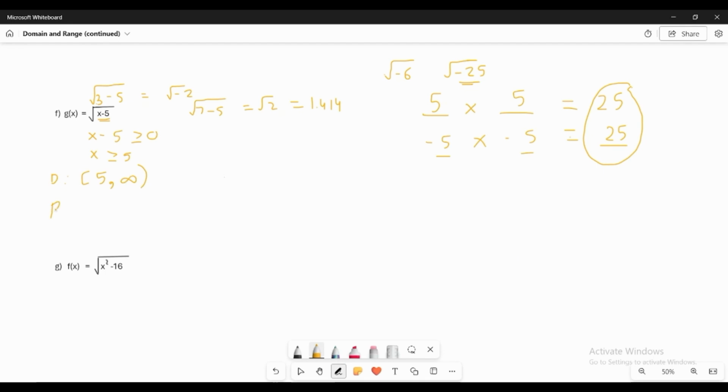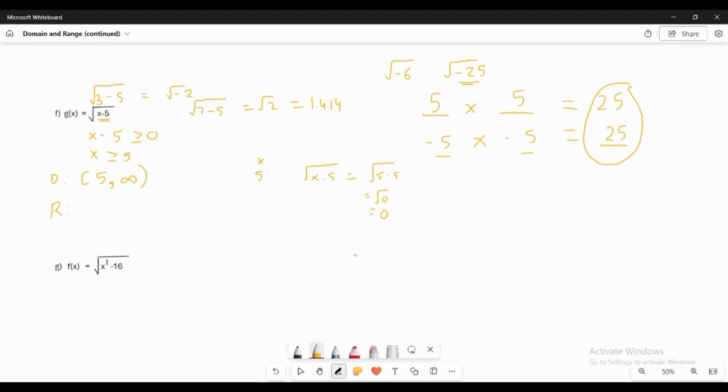Now, if we talk about the range, you know that the smallest value that you can take here for x is 5. So when you are taking your x as 5, your square root of x minus 5 will be square root of 5 minus 5, that is equal to square root of 0, which is 0.